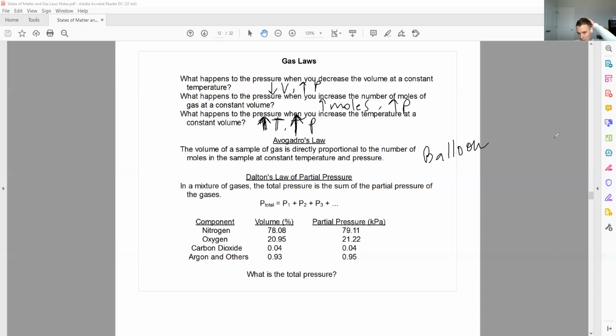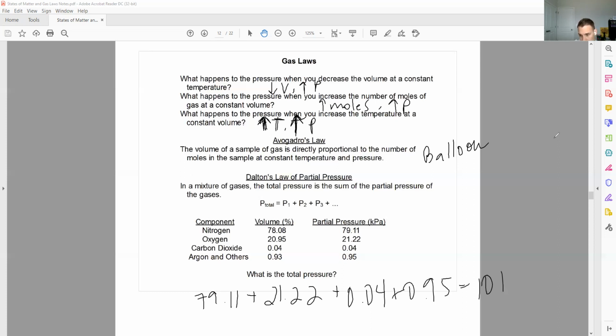Very simple. So if you look here, I've got nitrogen, oxygen, carbon dioxide, argon, and other gases with their percent by volume, and then their pressures in kilopascals. So you literally, as long as they're all in the same units, you just add them up. Okay, and so they're all kPa, kilopascals.